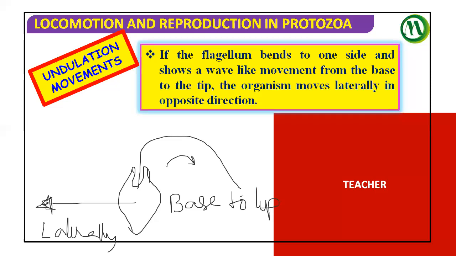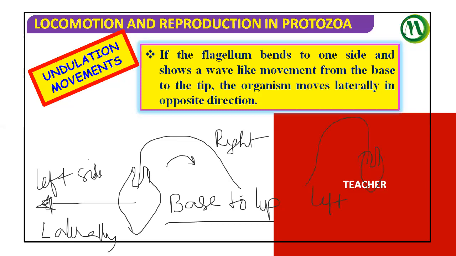For example, if the flagellum bends on the right side and shows the undulation from the base to tip, that organism moves towards the left side. So laterally in opposite direction. Imagine if the flagellum bends on the left side and shows the undulation from the base to tip, where will the organism move?